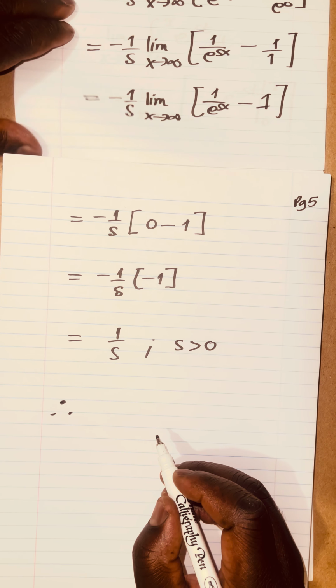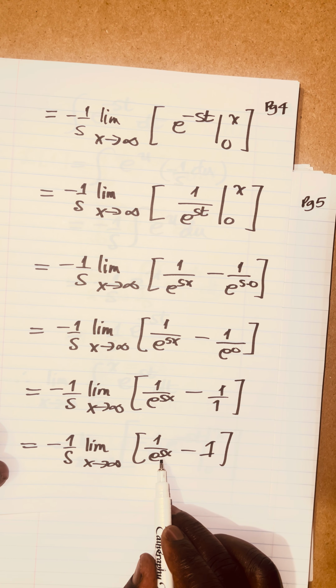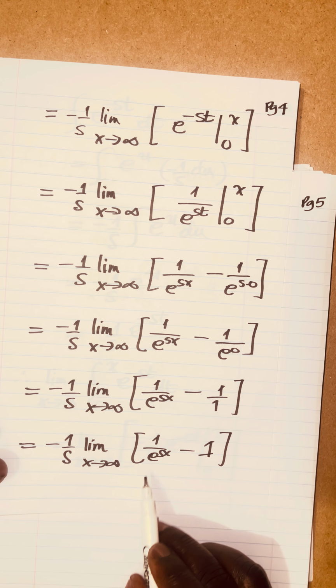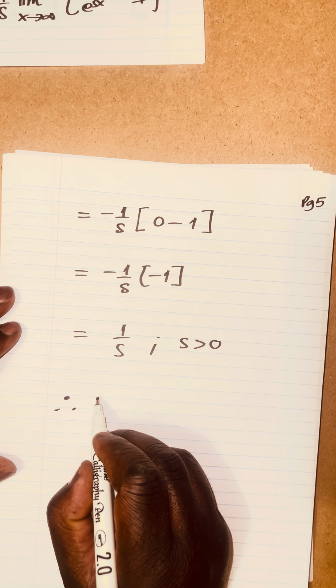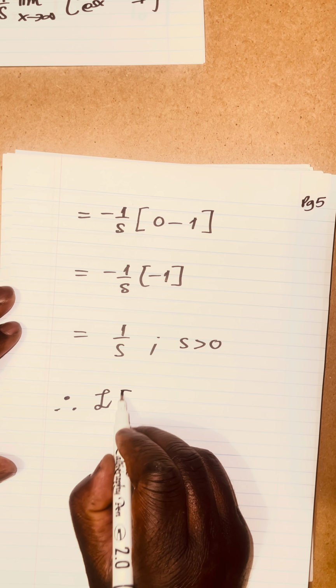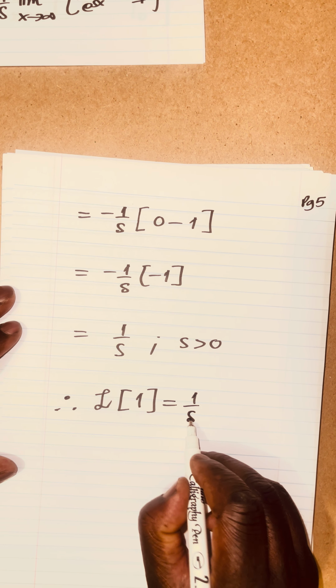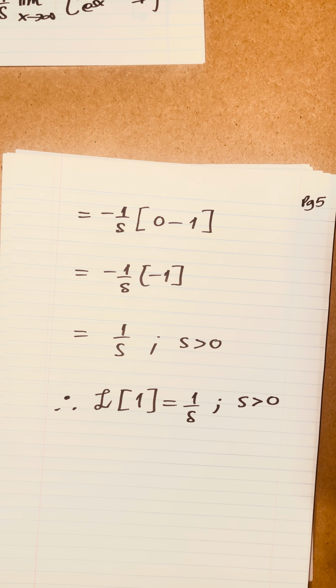If you come back here, the reason why this works is that when s is greater than 0 and x approaches infinity, the power is negative, and therefore the whole fraction converges to 0. So we are saying the Laplace transform of 1 is actually 1 over s. The assumption is s is positive, or greater than 0.